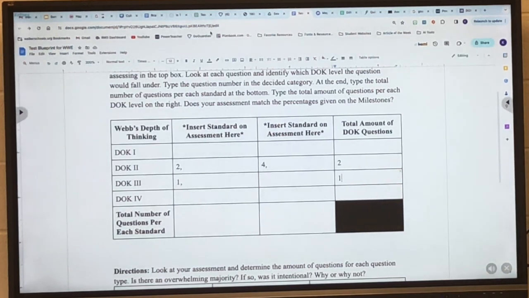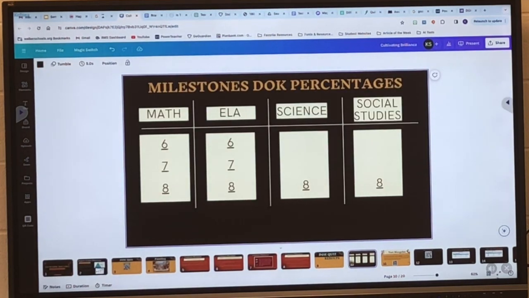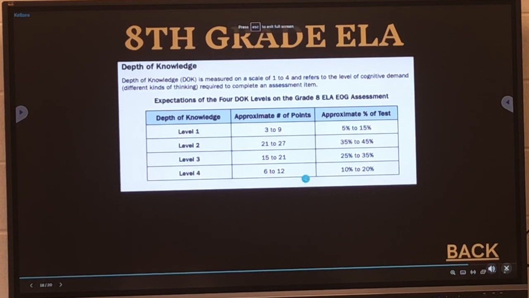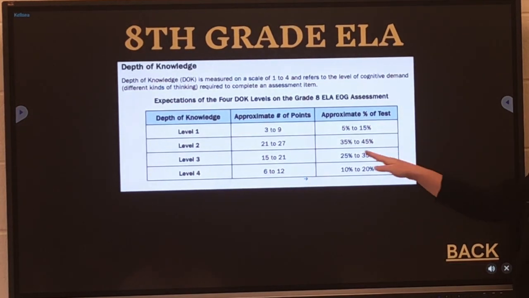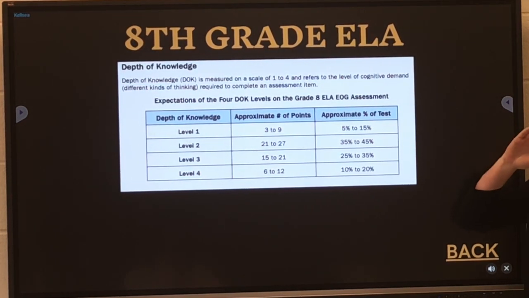And then, to take it even further, when I went to the Milestones page for 8th grade and looked at this, 25 to 35% of the questions are DOK 3. And that's across the board for all grade levels, for all tests.